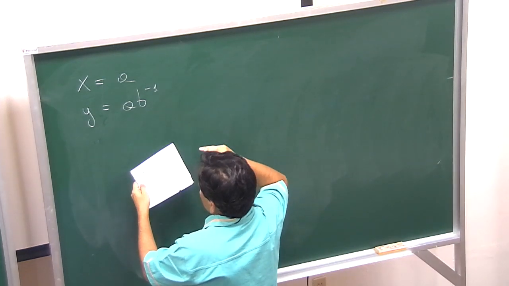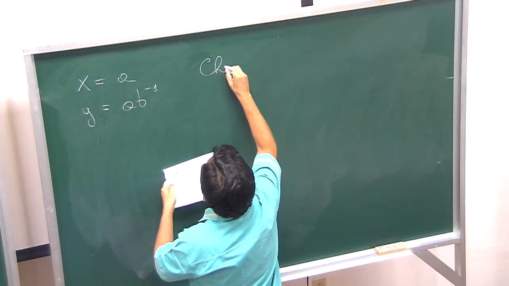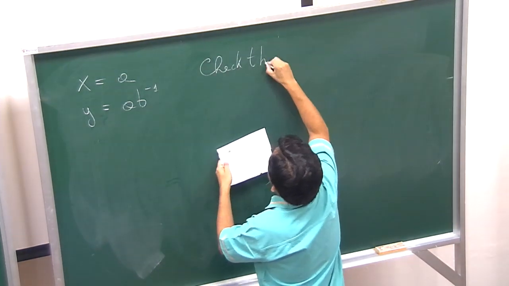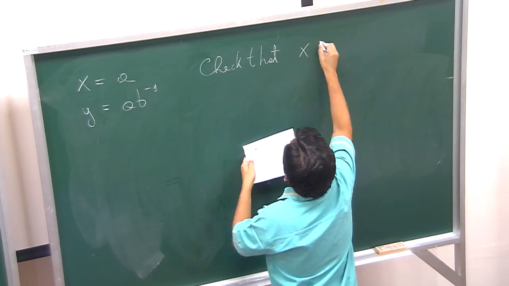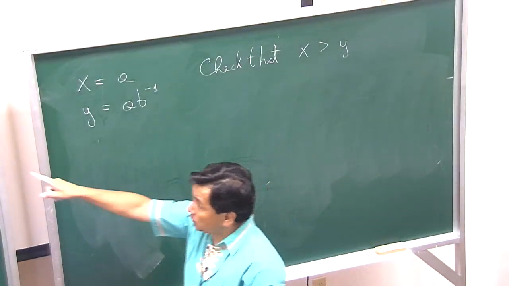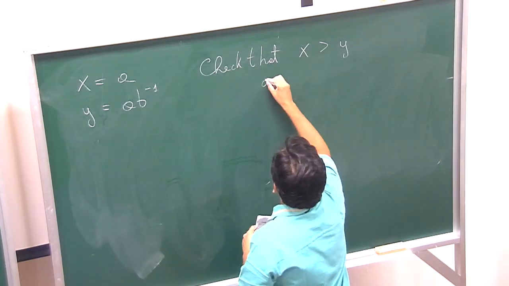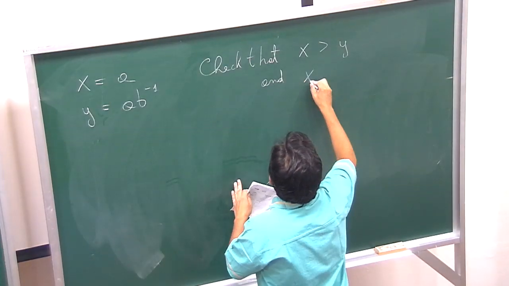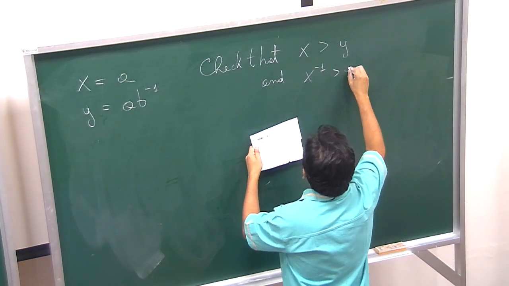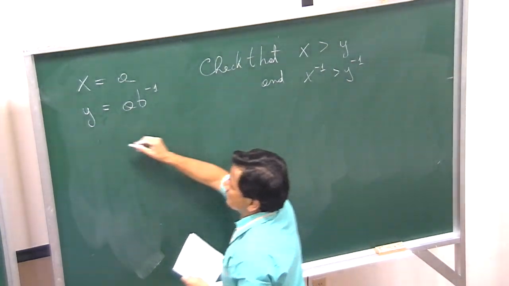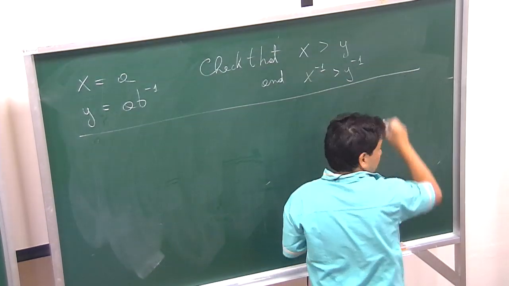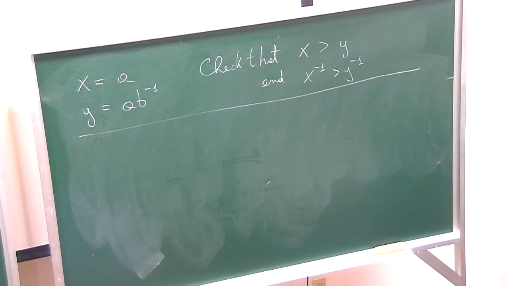So check that x is larger than y for the order for which this is a positive cone. And x inverse is larger than y inverse. It's just checking. Okay.